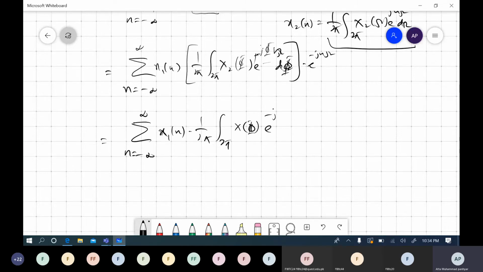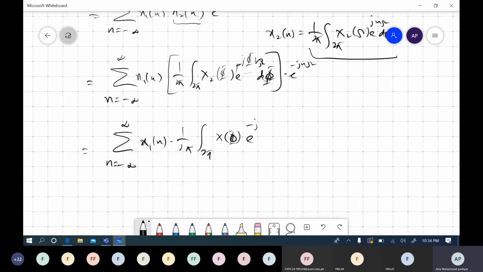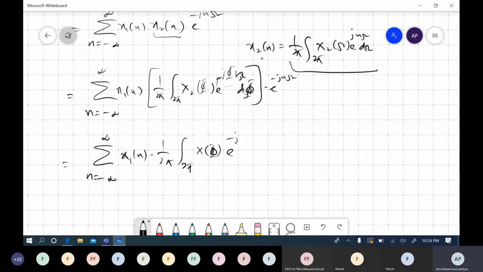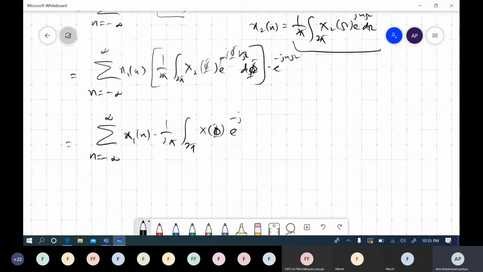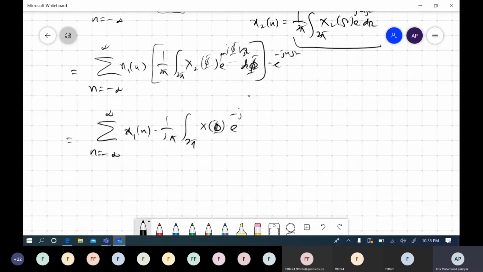This is positive, because when we wish to compute a time domain signal from the frequency domain, this exponent is always positive, and if we compute the frequency spectrum, then this exponent is always negative. So this is positive. If I say minus j, then omega minus phi, right, d phi.